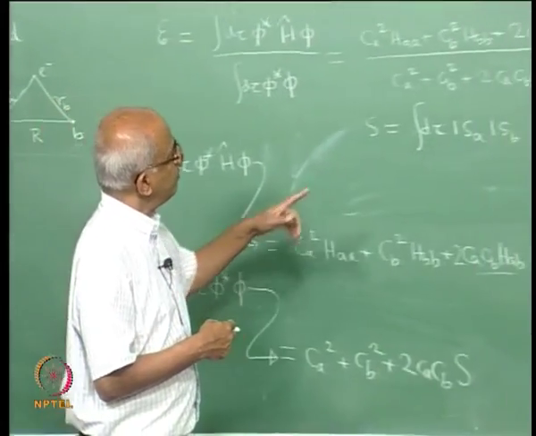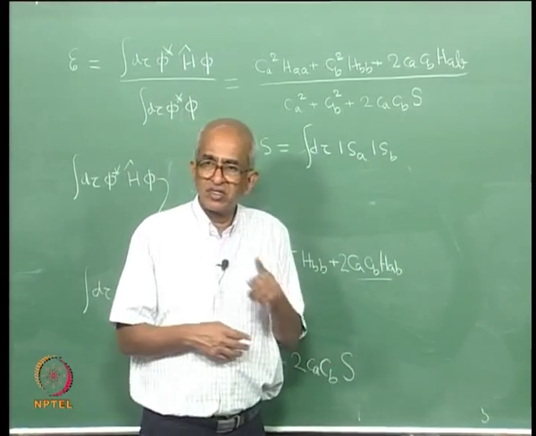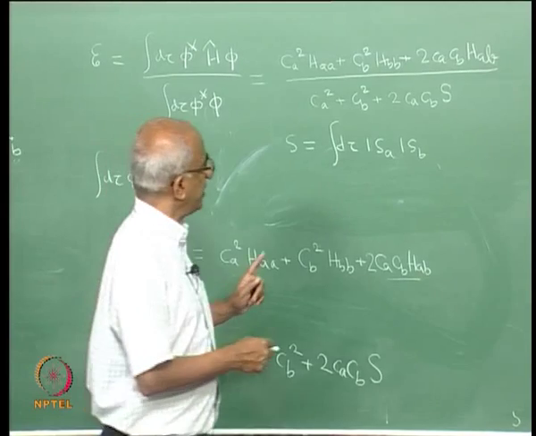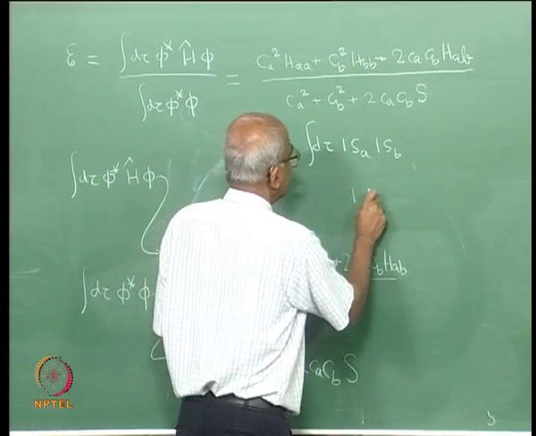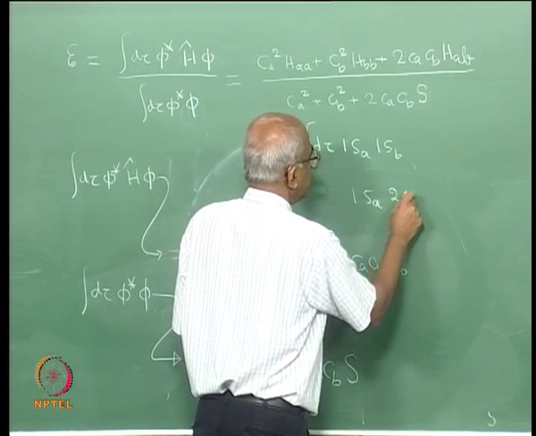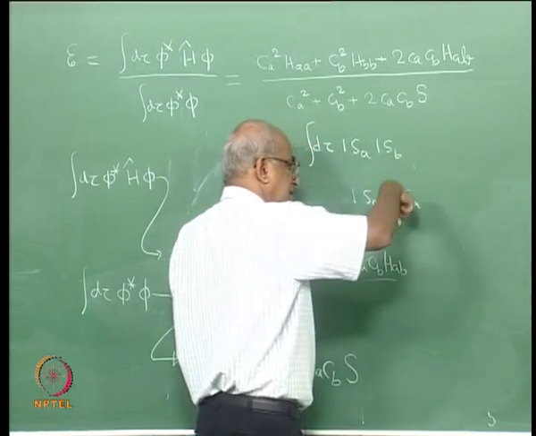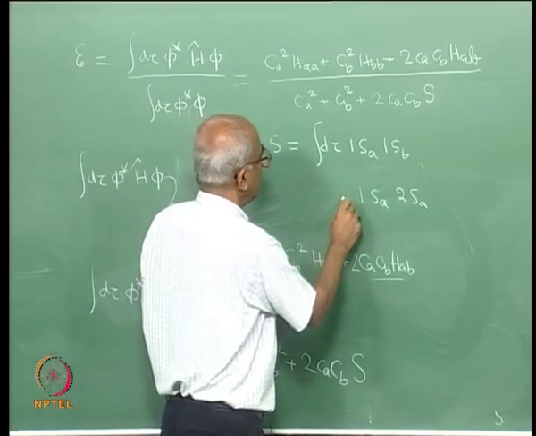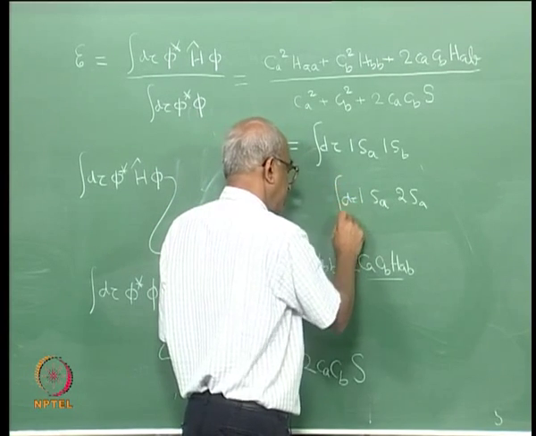Now, if the orbitals belong to the same atom, that means if I had taken, let us say, 1sa and multiplied it by 2sa, where 2sa is an atomic orbital on the same atom, and integrated over the entire space, the answer will be equal to 0.